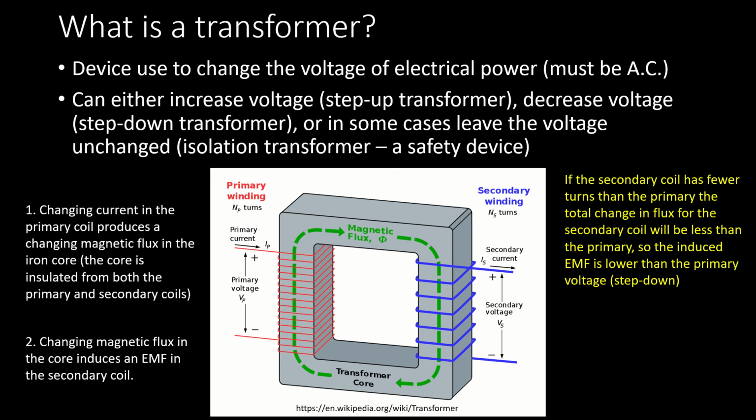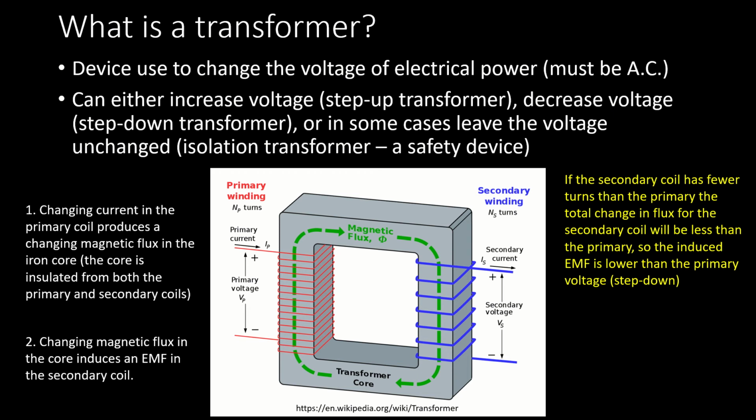Now, if that secondary coil, as in this diagram, has fewer turns than the primary, you've got the same amount of flux through each turn of the coil. But if you have more turns, that means you've got overall more flux through your coil as a whole.